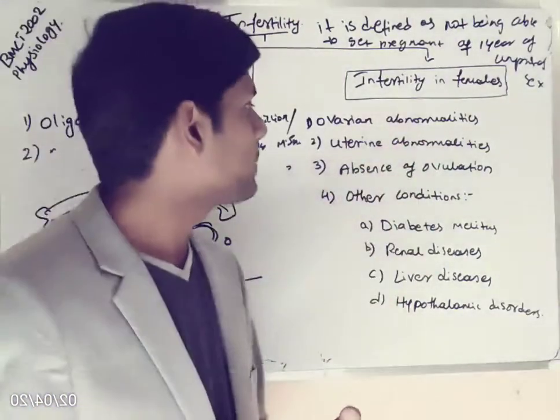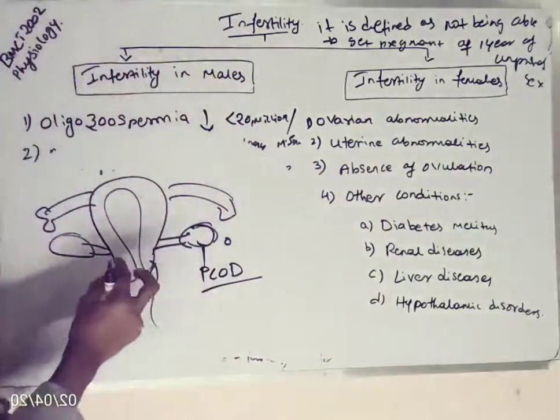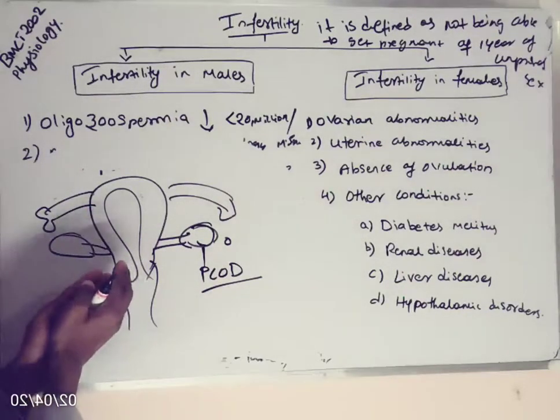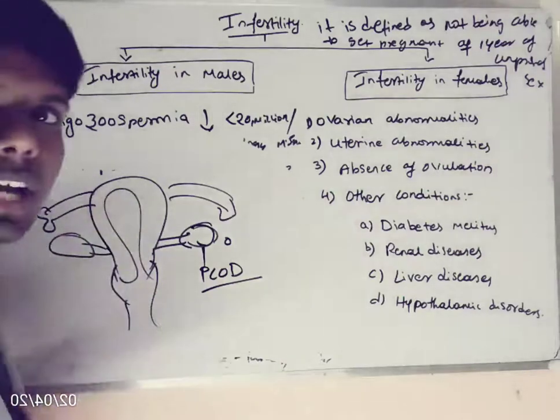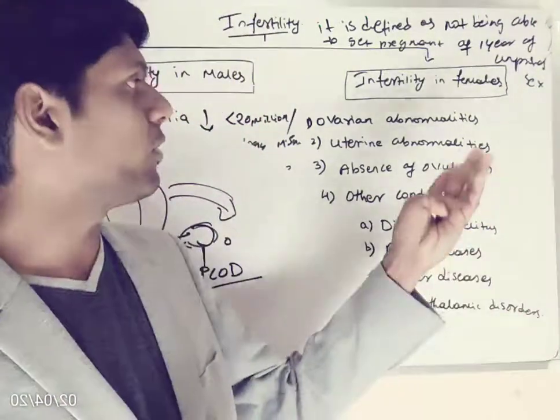Then the second one is abnormalities in the uterus. Some women may have a small uterus, or the uterus is not properly developed, or there is some damage to the uterus, or there are abnormal structures within the uterus, for example tumors or cancers, and these kinds of uterine abnormalities can also result in infertility in women.